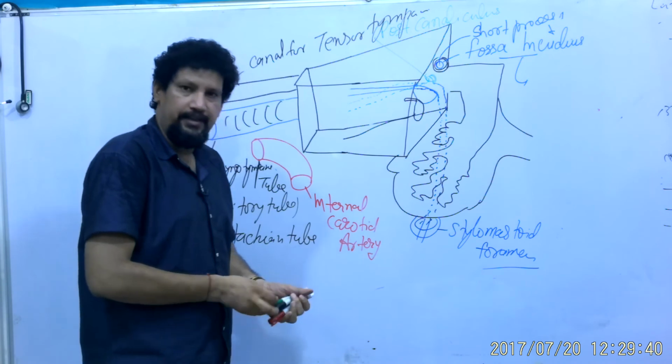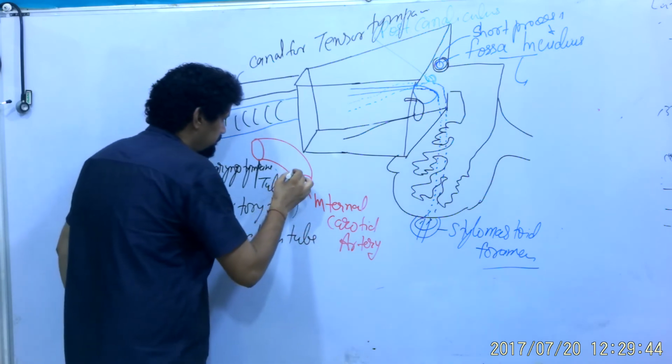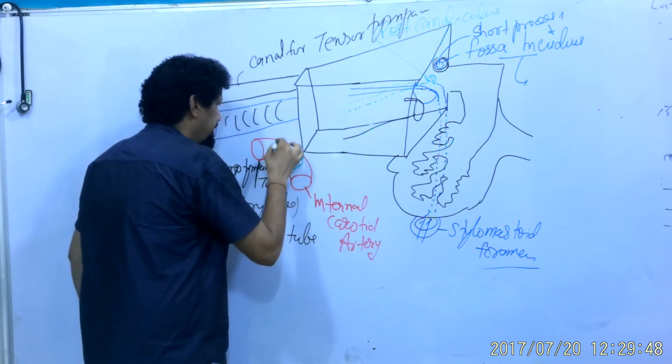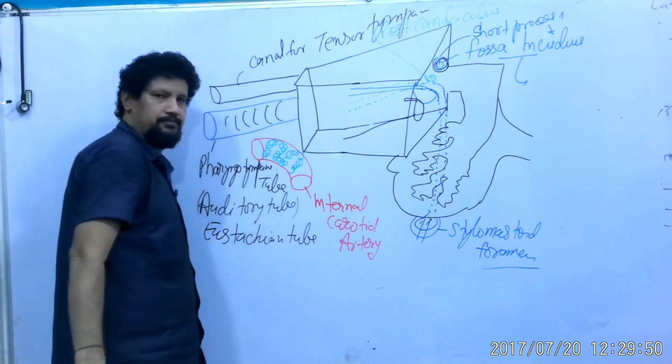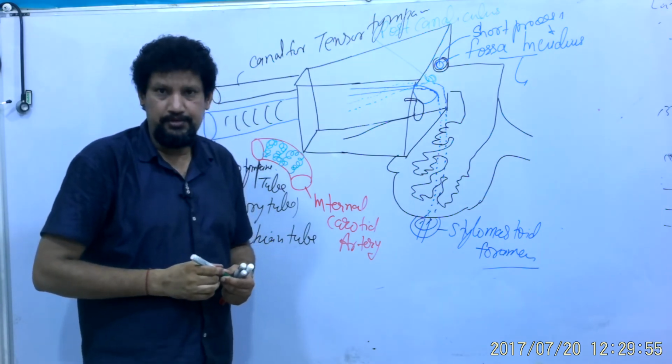It is also having a plexus or net of the tiny neurons known as the sympathetic neurons.